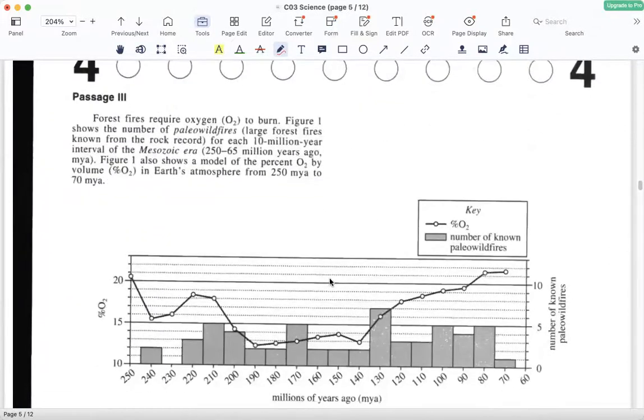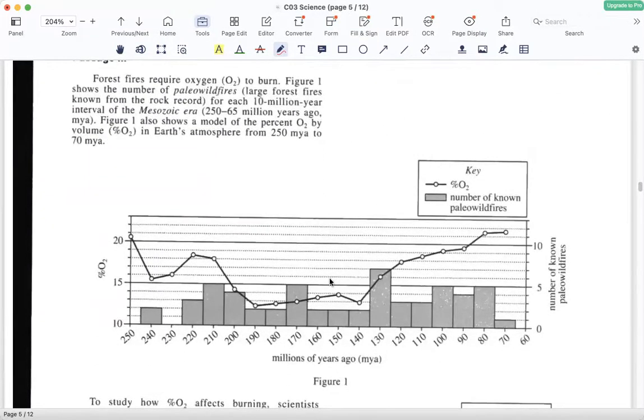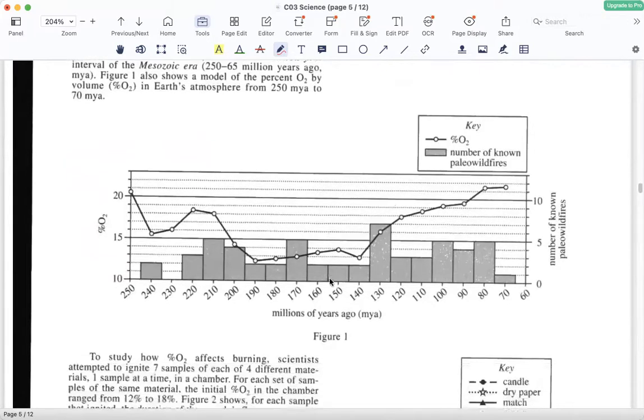Okay, passage 3. Forest fires require oxygen to burn. Figure 1 shows the number of paleo wildfires, large forest fires known from the rock record, for each 10 million year interval of the Mesozoic era, which is 250 to 65 million years ago. Figure 1 also shows a model of the percent oxygen by volume in Earth's atmosphere from 250 million years ago to 70 million years ago.